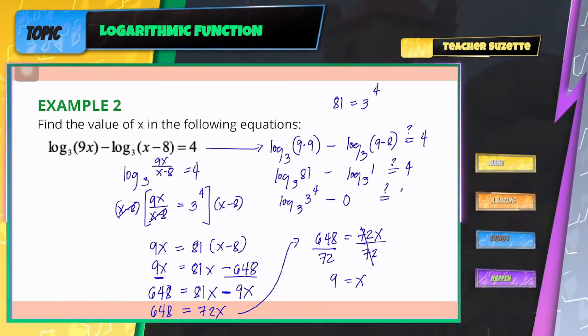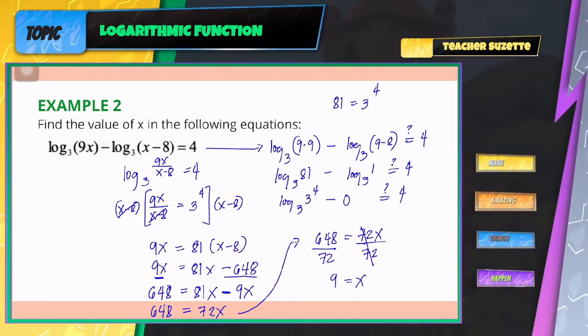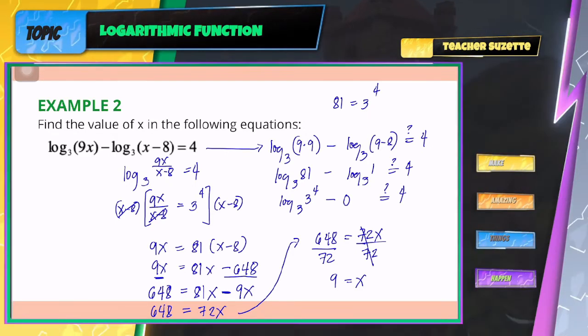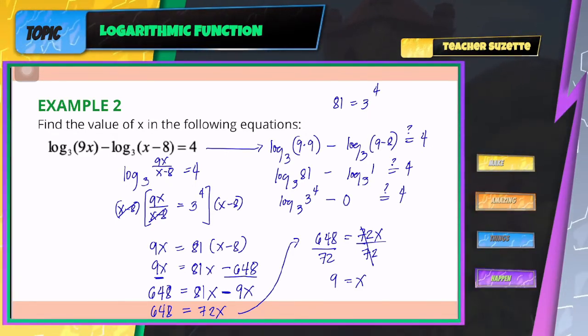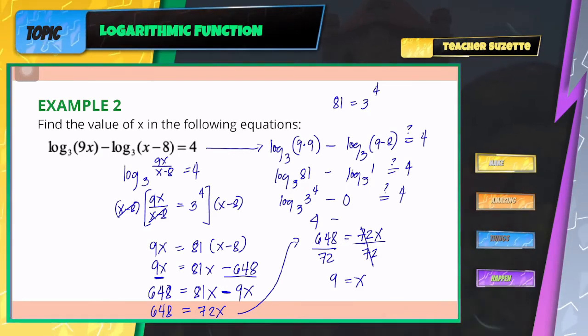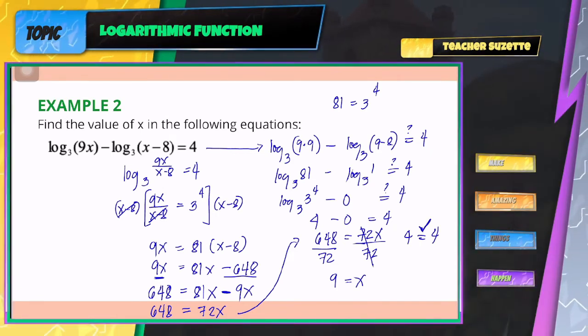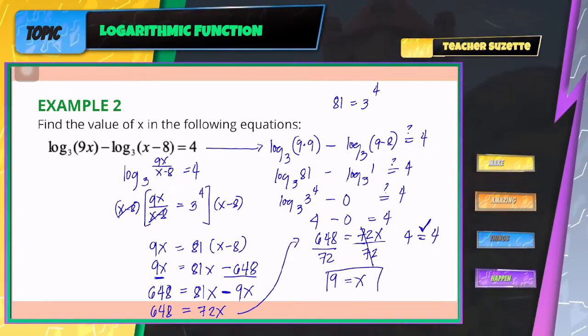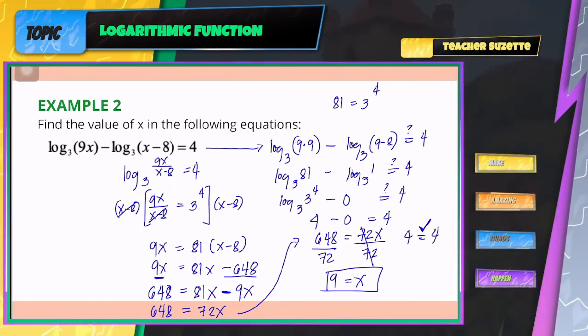And then, again, using the property of logarithm, we will have logarithm of 3 raised to 4 base 3, so we will have 4 minus 0, which is obviously equal to 4. So, ayan. Therefore, our solution, which is x equal to 9, is true.